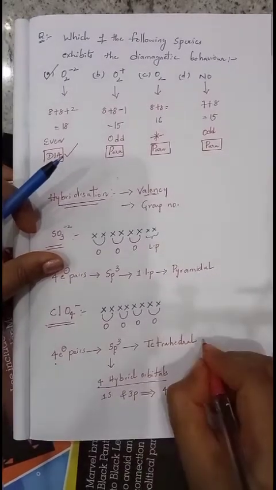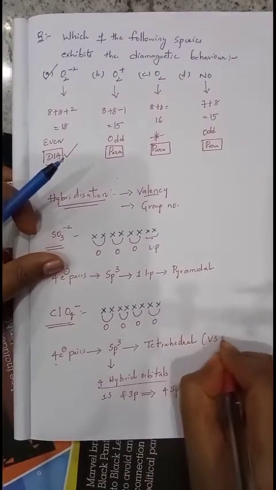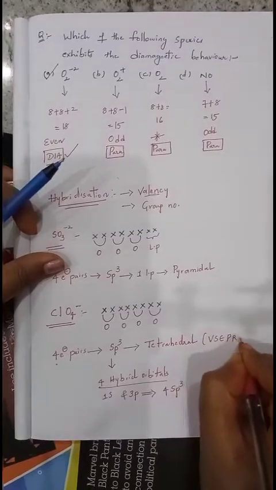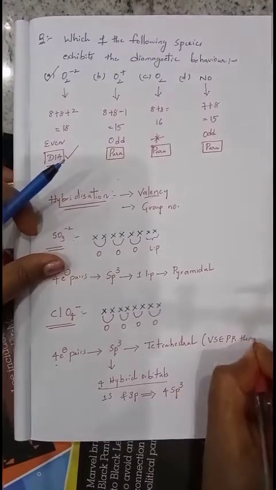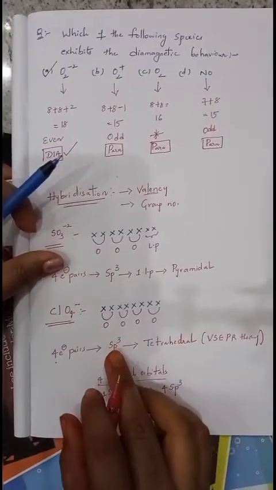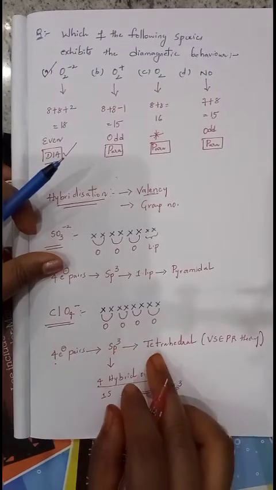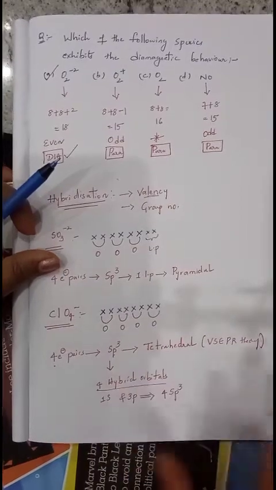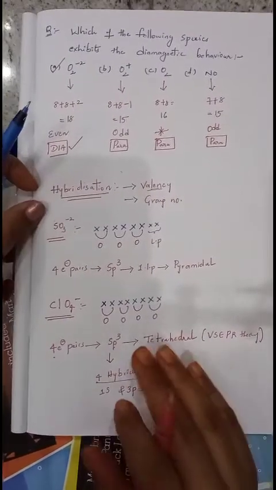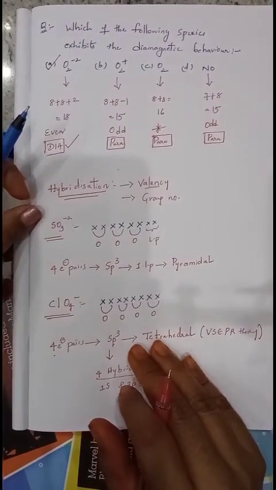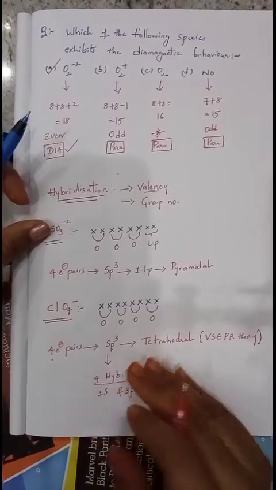This is according to VSEPR theory. According to VSEPR theory, with sp3 hybridization which does not contain any lone pair of electrons, we can give its geometry as tetrahedral. So in this manner we can easily find out the hybridization of a compound.